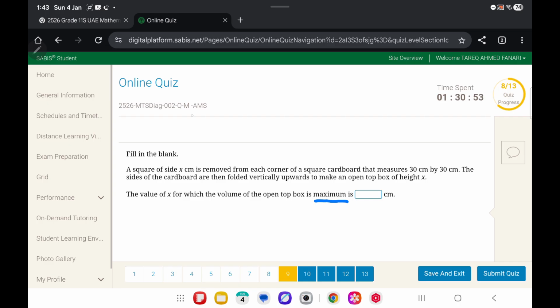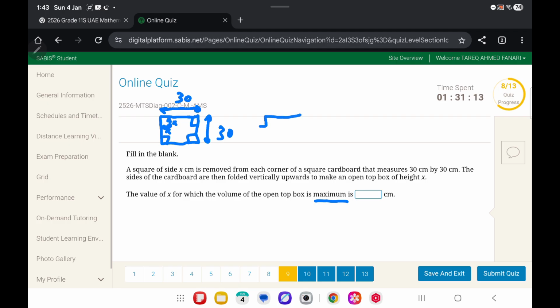So first of all, let's draw what we have. At the start, we had this square cardboard, right? This was 30. This was 30. Now, they removed a square of side x, so x here, 4 times. So what did this become?